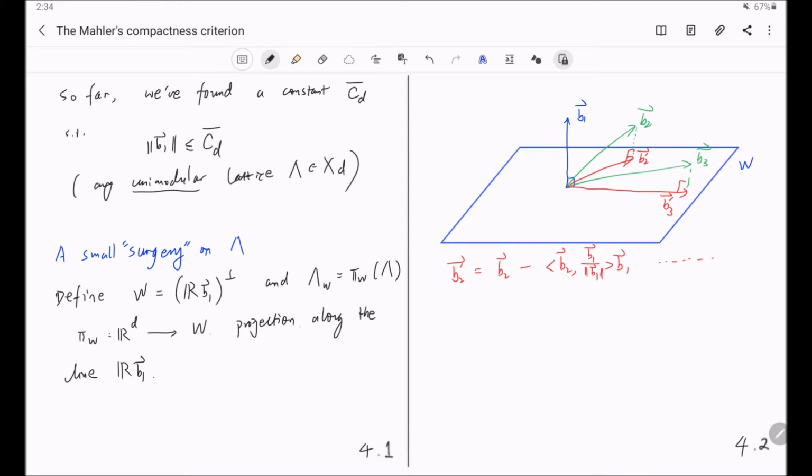And now we do the projection for all B sub 2 through B sub D. You get the projection images B sub 2 prime through B sub D prime. And you can show they are linearly independent.